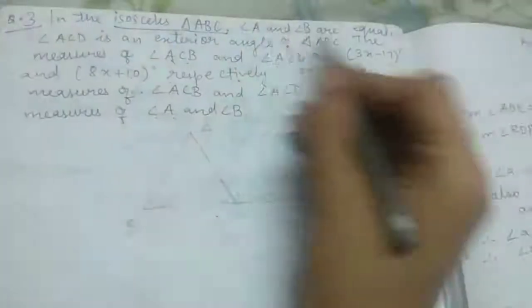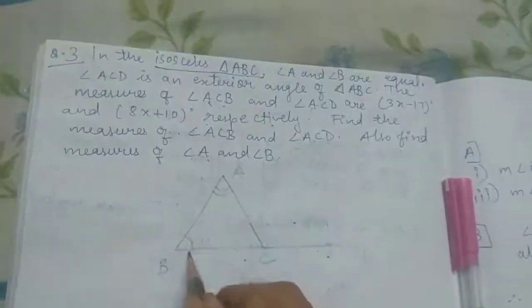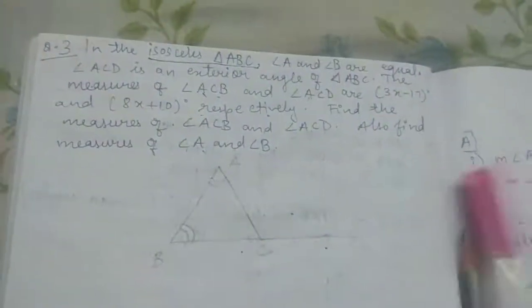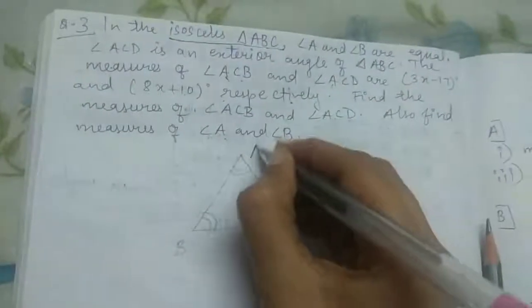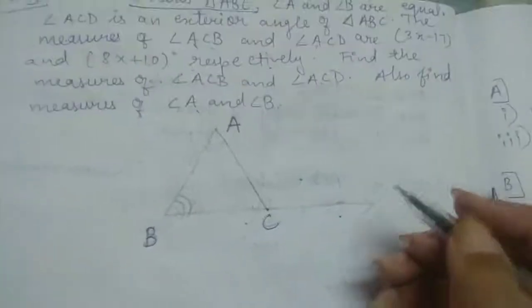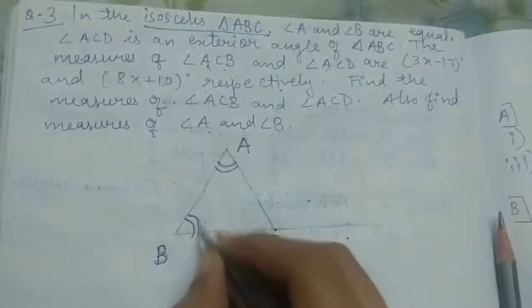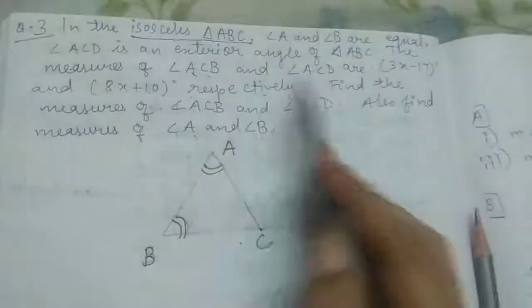In triangle ABC, A and B are equal, means angle A and angle B are equal. When angles are equal, I am showing an equal mark on them. Let me write with pen so that it is visible to you all. You have to write with pencil. Angle A and angle B are equal.